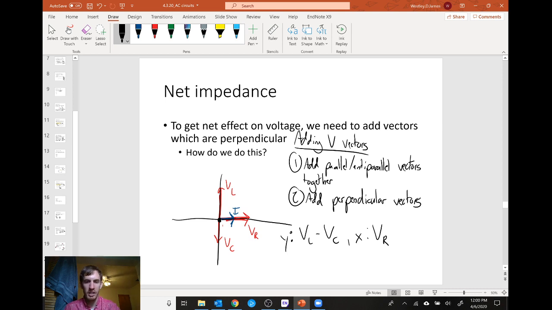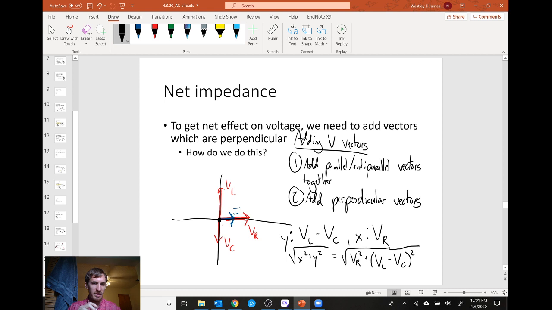They're perpendicular. Well, the net vector will be the square root of x squared plus y squared, which is going to be the square root of VR squared plus (VL minus VC) squared. That is going to give us our net voltage equation.